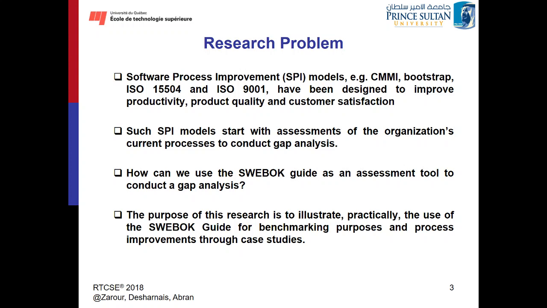And as you know, in software process improvement, we have different models like CMMI, Bootstrap, ISO 15504, and ISO 9001. And these standards or models aim to improve the productivity, product quality, and customer satisfaction.